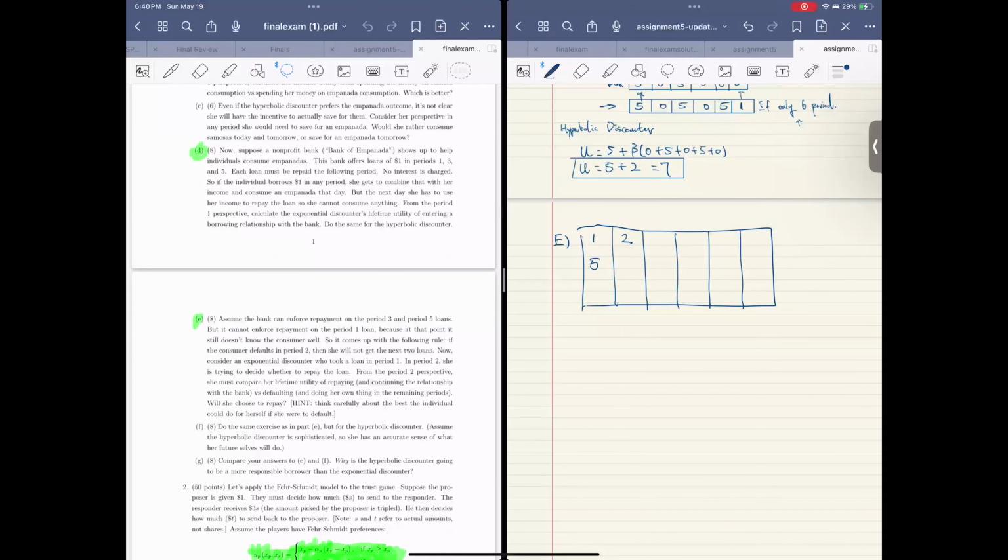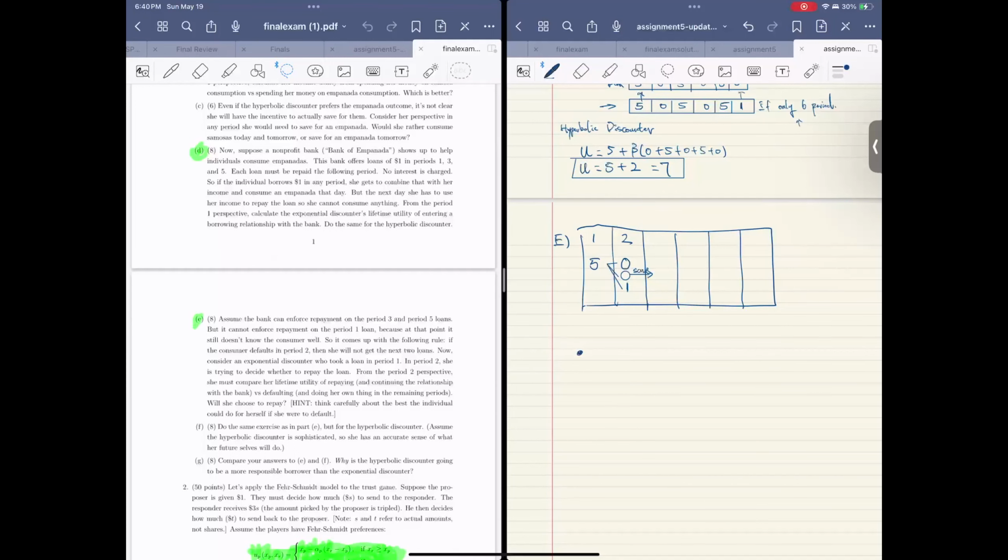You can choose to repay, which is 0, or you can choose not to repay, and you have a 0, and this you can save into the future. Or you can default, but consume now with samosa. Right.